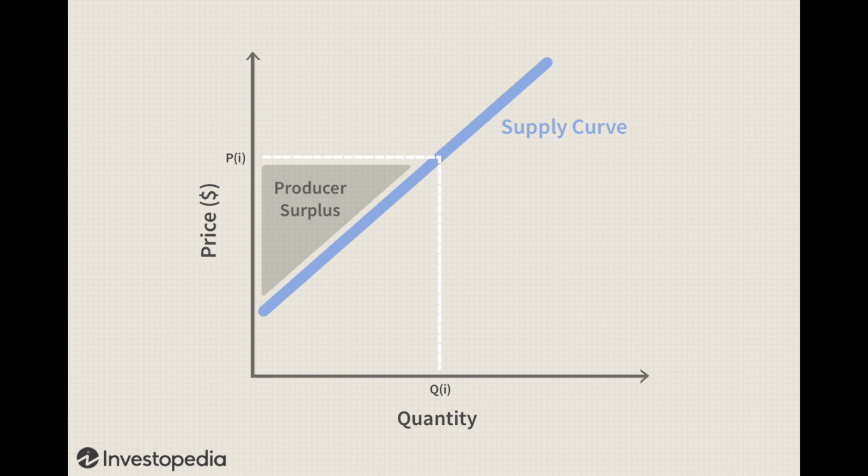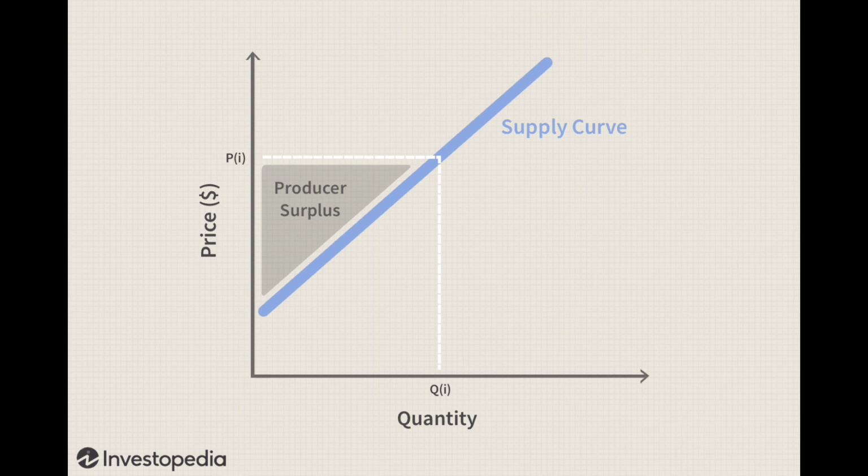the larger the producer surplus will be. Producer surplus can be used to measure the overall well-being of producers in the market. A larger producer surplus generally indicates that producers are able to earn higher profits from their goods or services, which can lead to increased investment and growth in the market.